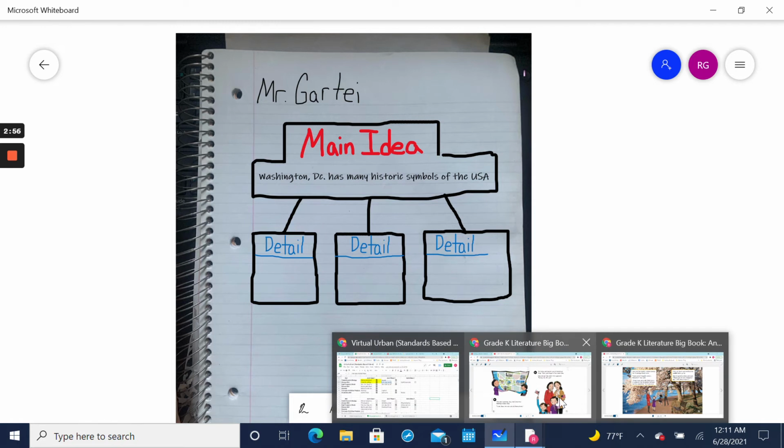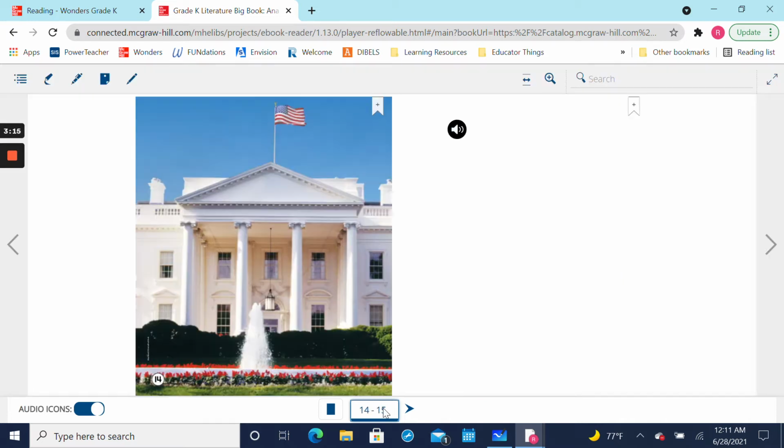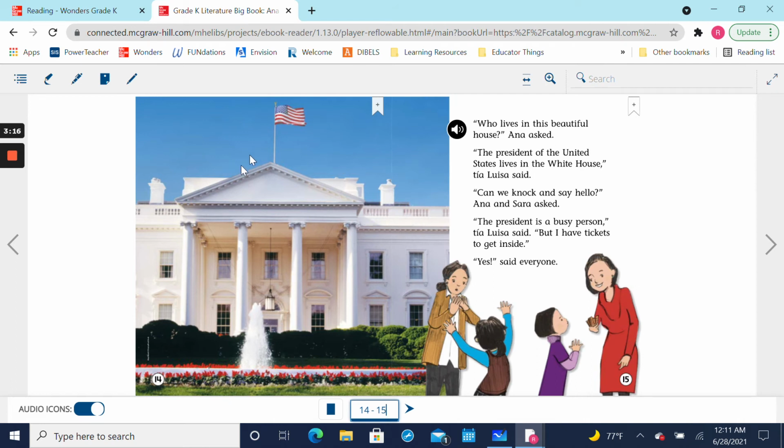Alright, so now let's flip through our big literature book and see what some of the historic places are in the story. So we know that the main idea is that Washington, D.C. has many historic symbols. On page 14, what is this place called, if you remember? It is called the White House.